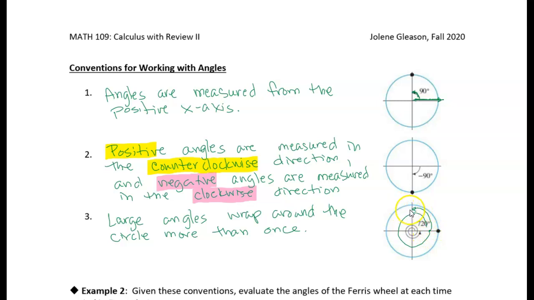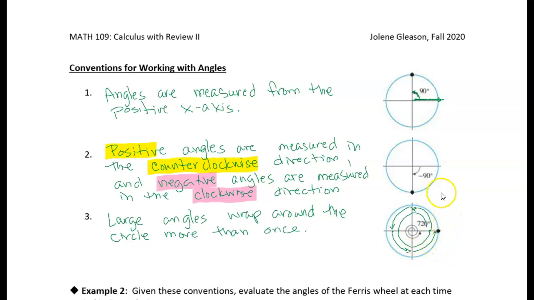Then I can go another 90 degrees, I'm at 540. Another 90 degrees, and I'm at 630. Another 90 degrees, and I'm at 720.